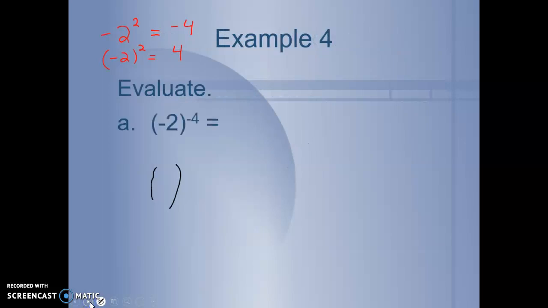Evaluate negative 2 to the fourth power. Now it's got parentheses around it, so think about what that means. Nice job if you got 1 over 16. That negative exponent moved us into the bottom of a fraction, which is where that 1 over 16 came from. Negative 3 to the negative 2 power.